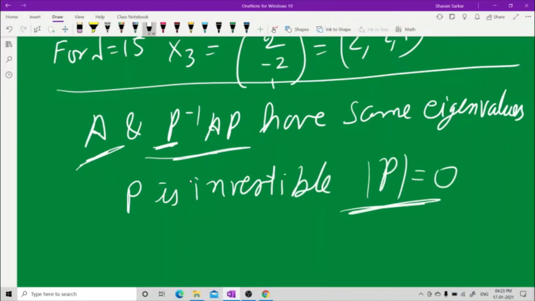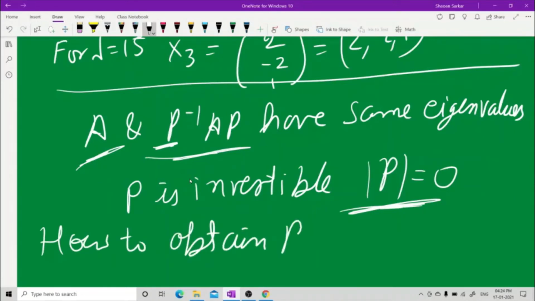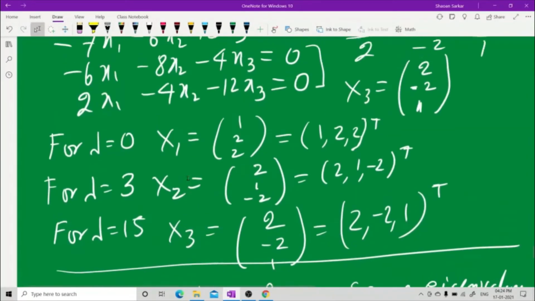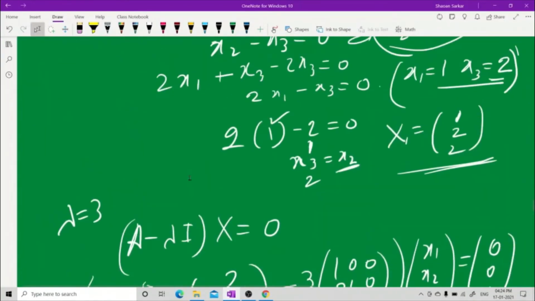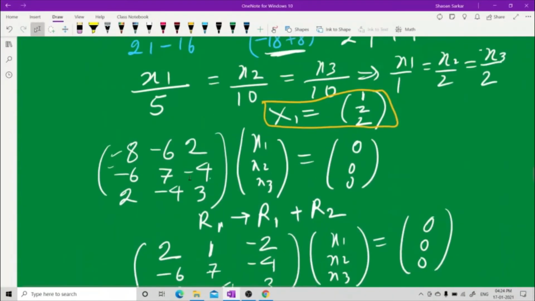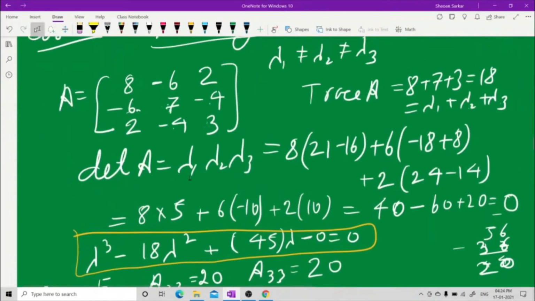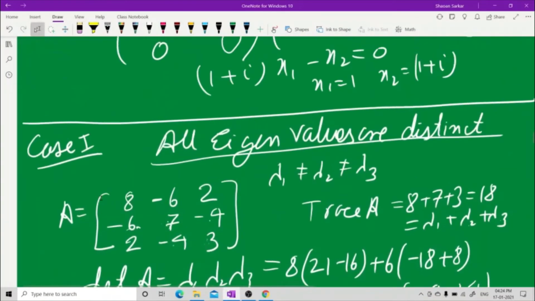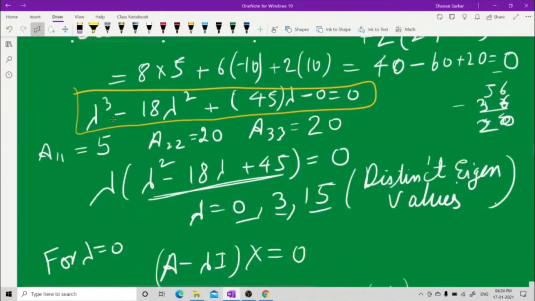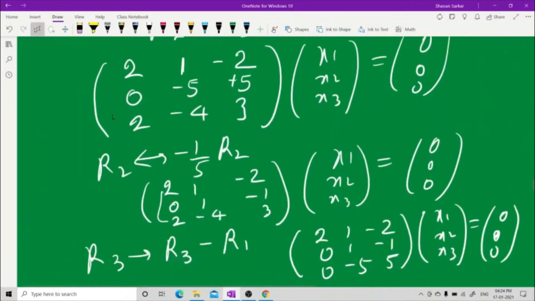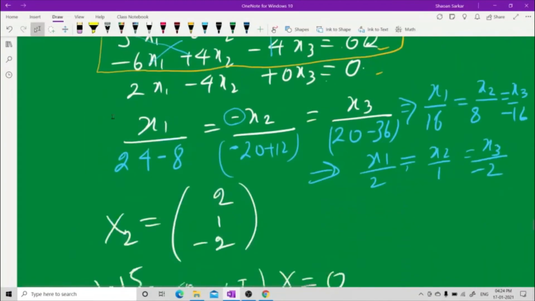But how do you obtain P? Suppose this was my question, and I wanted P from here. Then P would be the eigenvectors that you obtained.